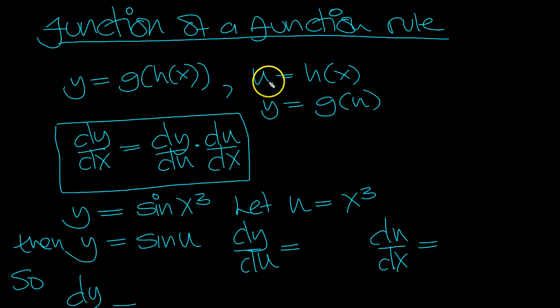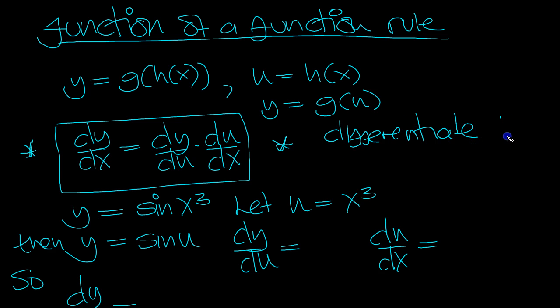If you let u equal the h of x part, then you can see that y would be g of u. And then this is the formula. dy/dx, when you differentiate, is dy/du times du/dx. You differentiate the something inwards, and then you multiply that.